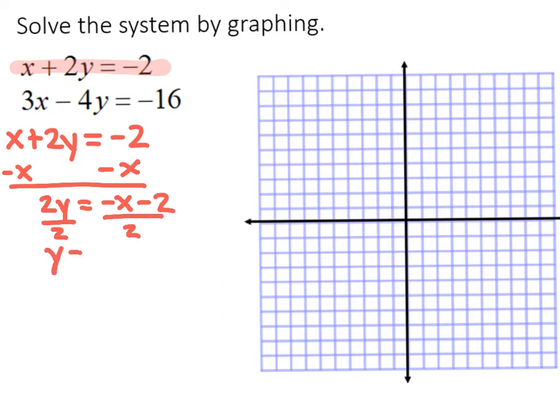So I'll have y equals negative 1/2 x minus 1. So your slope is negative 1 over 2, and your y-intercept is negative 1. So I can plot my point at negative 1 on the y-axis, go down 1 over 2, and draw in the line.